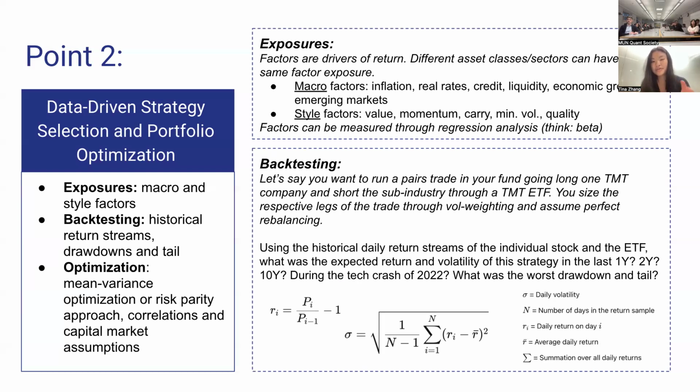And then you're going to want to figure out, is this actually a good idea to do this trade? One way to do that is to just look at historical data, like how would this trade have performed in the past? So how do you figure out how much money to allocate to each leg? One way is through volatility weighting. You would assume that the individual company probably has more volatility, right?